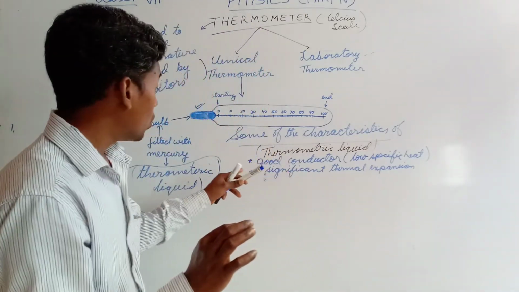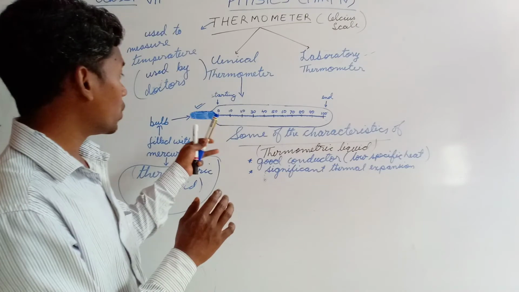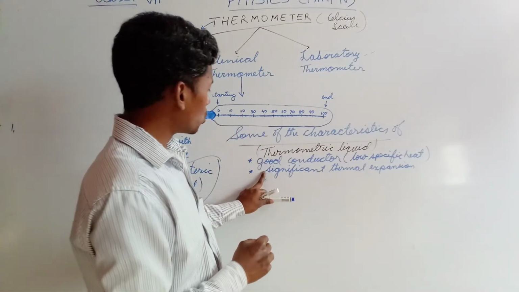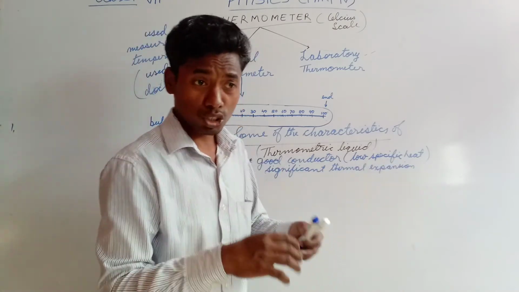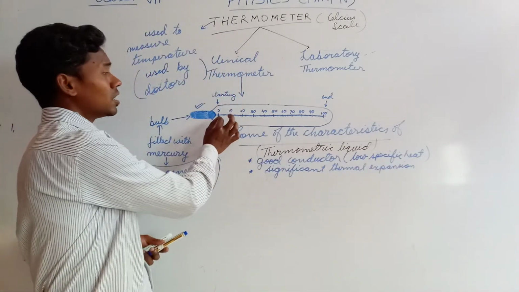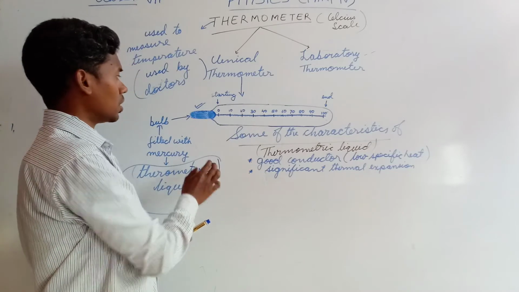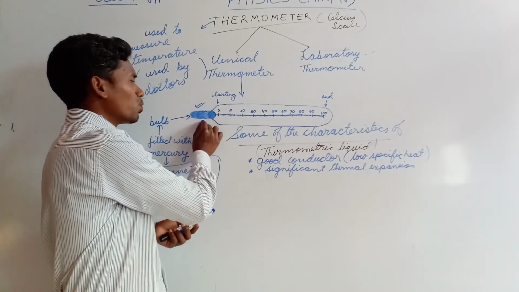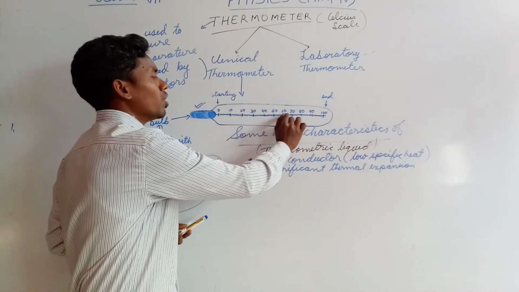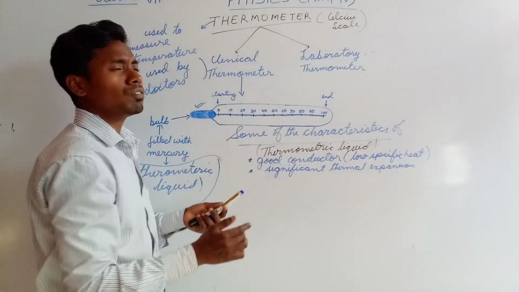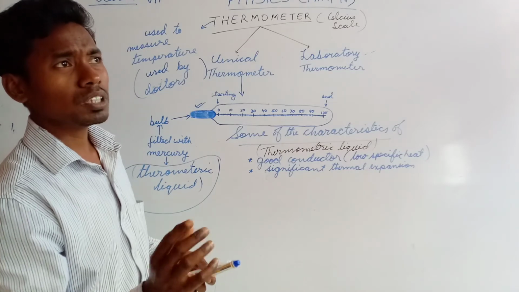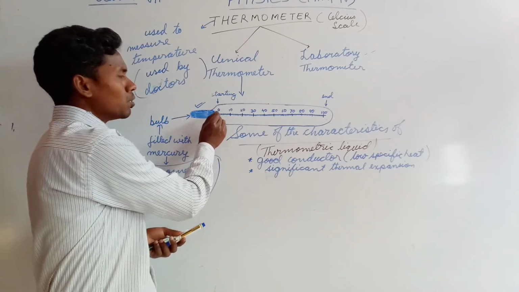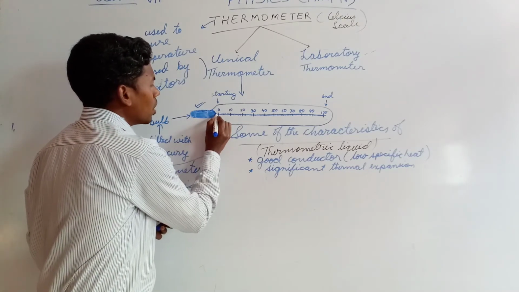So the thermometric liquid which has to be used should have such a quality that it shows significant thermal expansion, so that we can get the reading properly. If it does not expand significantly, how will the liquid move in this capillary? If it expanded very little, it won't move.